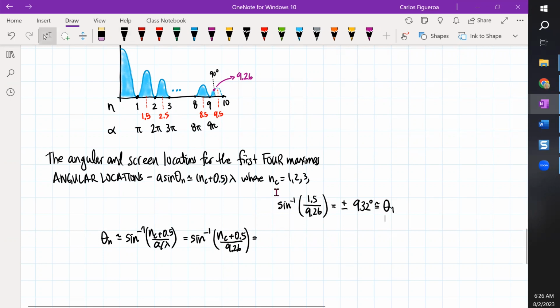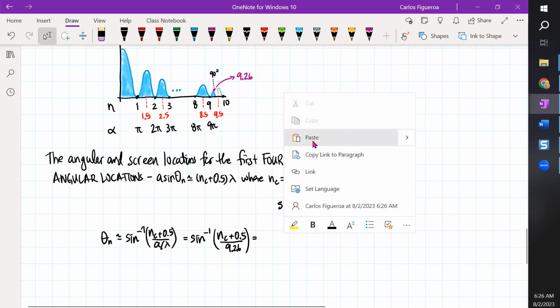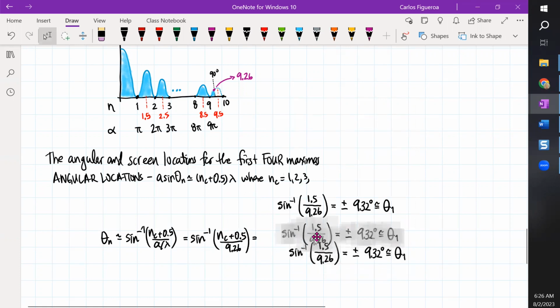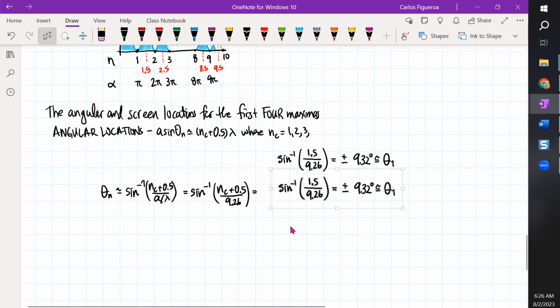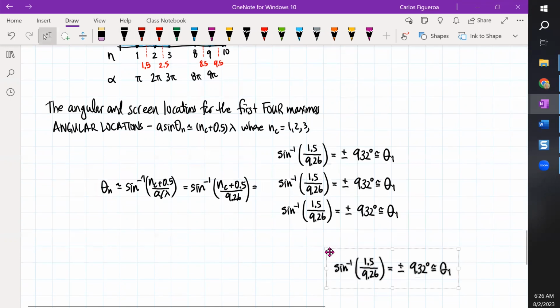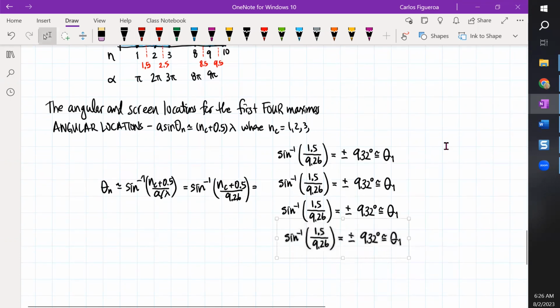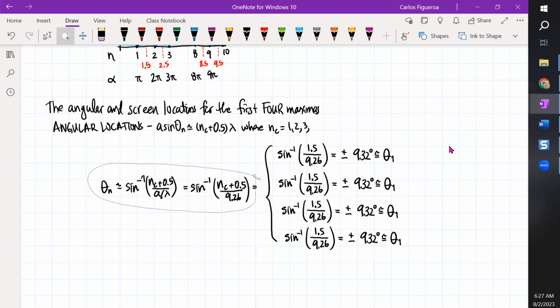Now, since I'm going to repeat this calculation again and again, I'm going to copy this and then just put in the values. I'm going to modify each of these because this is a lot of points. So now I'll come back with my eraser and make the adjustments for the values of n.